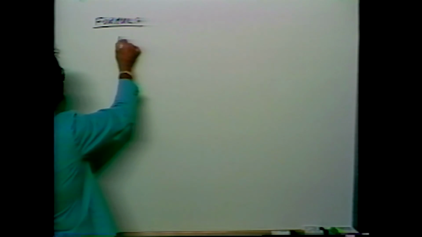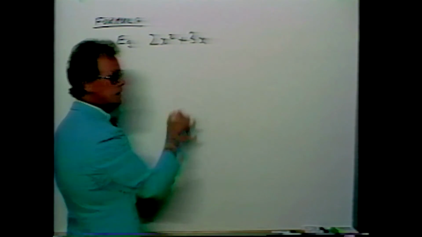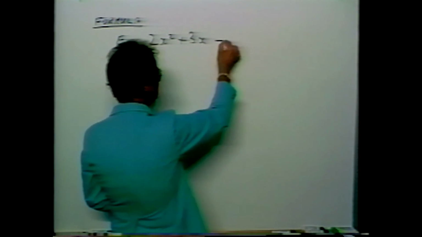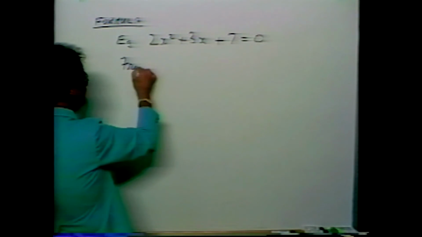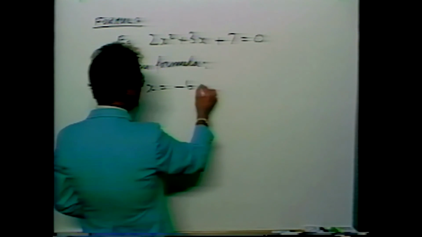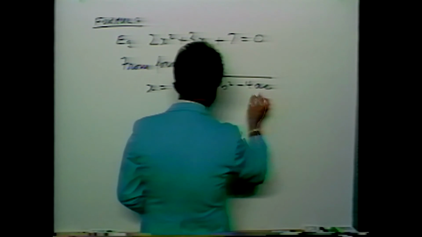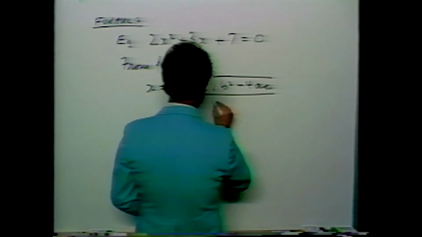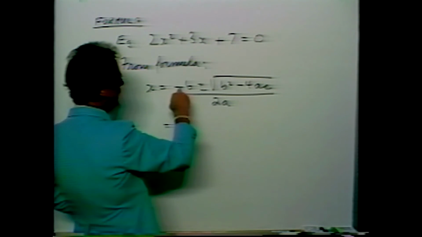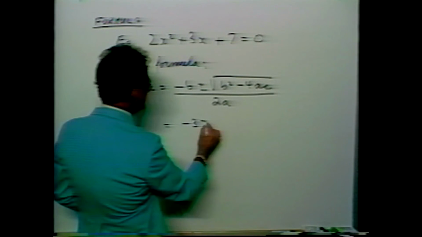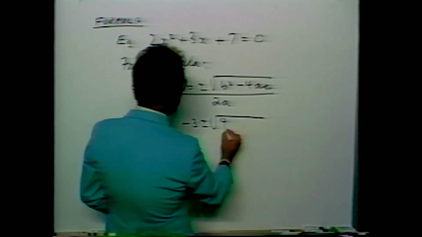In another example, 2x squared plus 3x plus 7 equals 0. From the formula, x is equal to minus b plus or minus the square root of b squared minus 4ac, all of which is upon 2a. b is equal to 3. Minus b is equal to minus 3. Followed by 3 squared, which is 9.